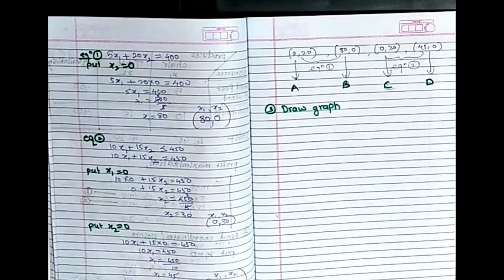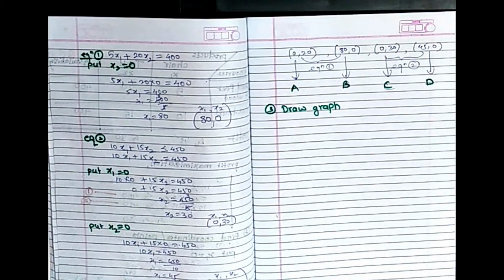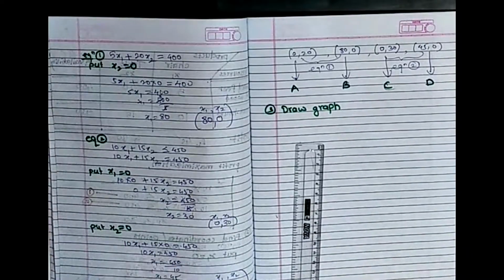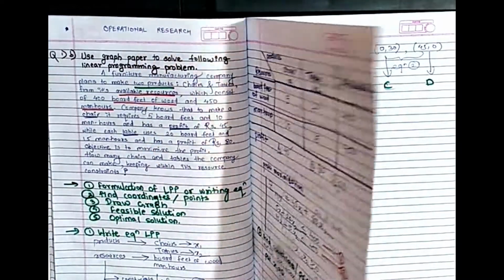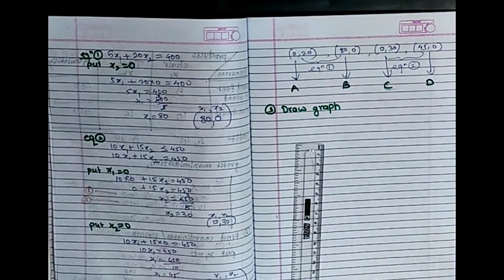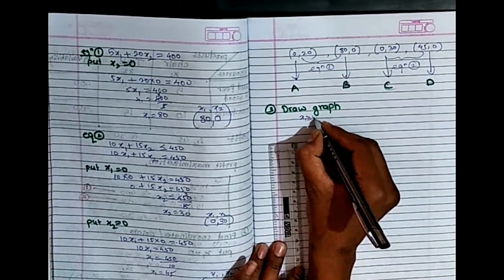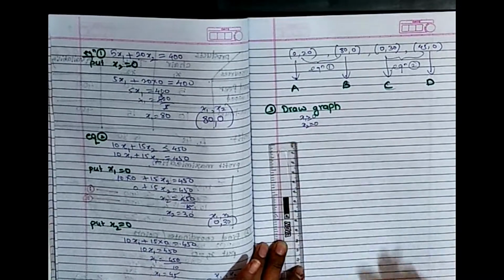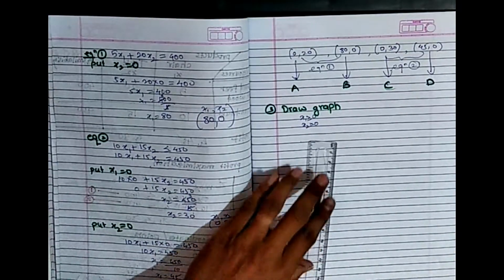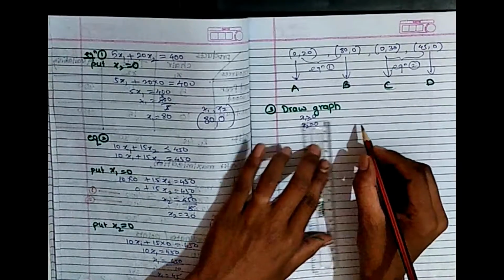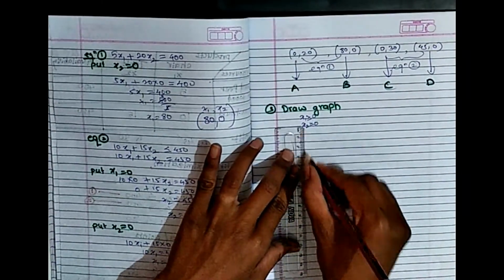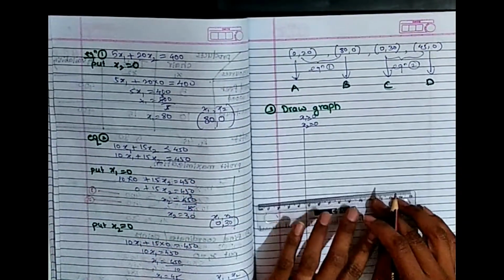Now for drawing the graph, we have to draw the line for x1 and x2. Now from the equation, we are saying that x1 is greater than or equal to 0 and x2 is greater than or equal to 0. Means we will have 4 quadrants.